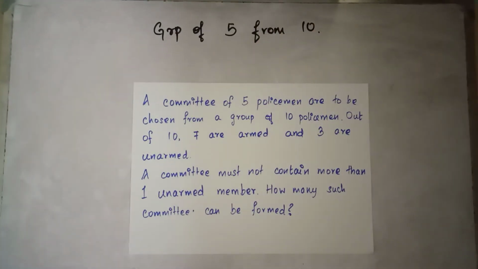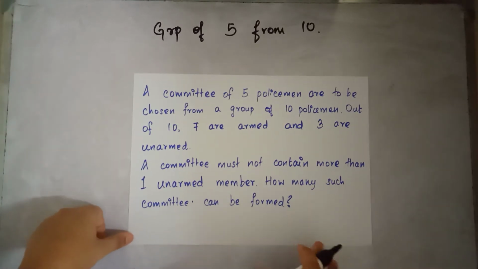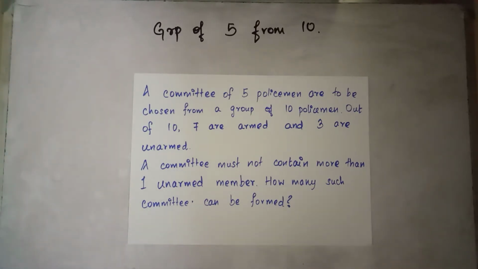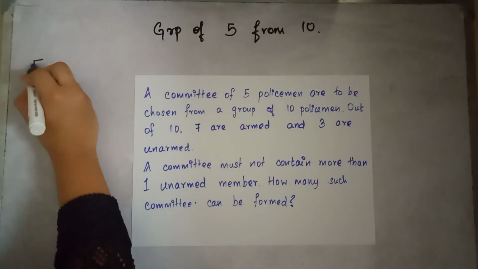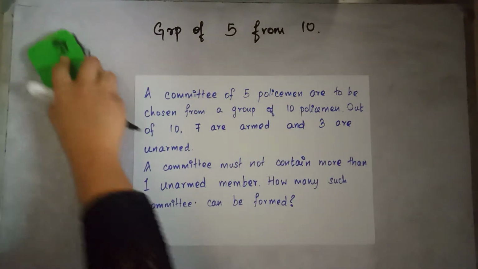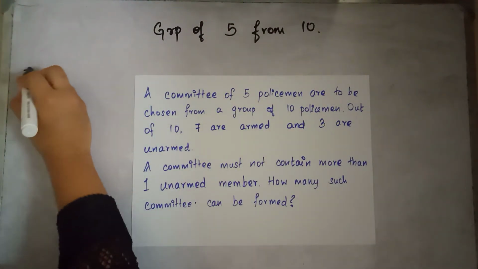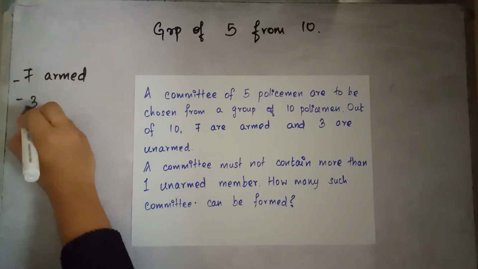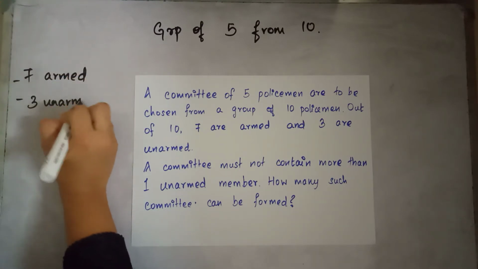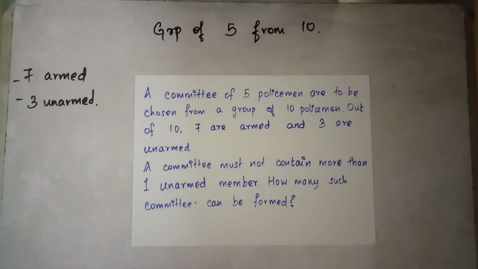Now the question gives us a condition, and that is a committee must not contain more than one unarmed member. So there are a total of 7 armed and 3 unarmed.